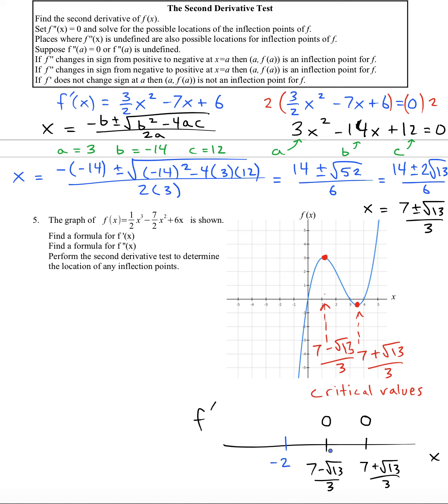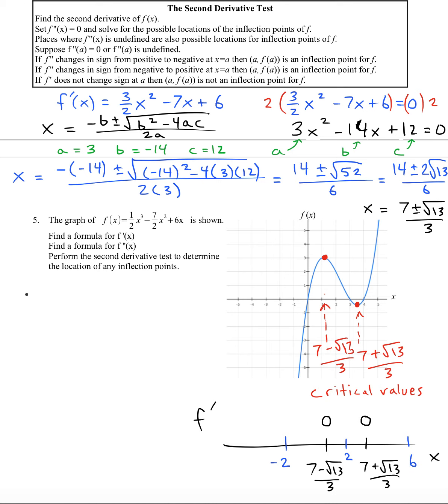Anything to the left of our critical value will work, because we didn't find any critical values over here, which means that whatever the sign is at -2, that's going to be the sign for the derivative everywhere to the left of that critical value. We could try an x of 2 as well, something in between the critical values, and then let's just try perhaps a 6.